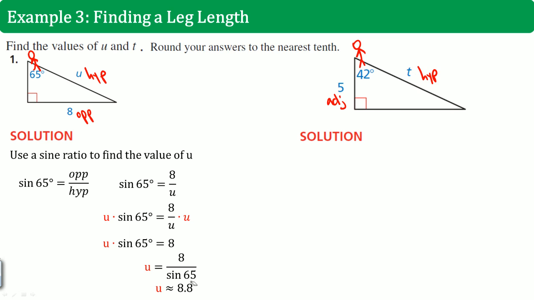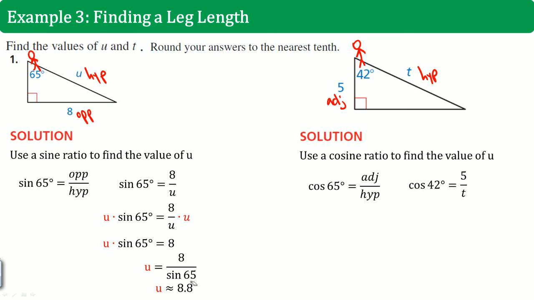Here's the solution for the second one. Here you have adjacent and hypotenuse, so you're going to use cosine because CAH. Cosine of 42 degrees is your adjacent over your hypotenuse. Sorry, this is supposed to be 42. Okay, 5 over t.